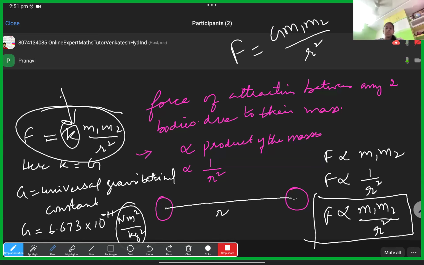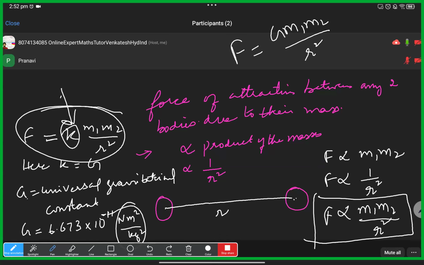Okay, sir. So Pranavi, this particular force acts in the line joining the centers. There are a few properties or characteristics for this force. First thing is it is the universal law of attraction.